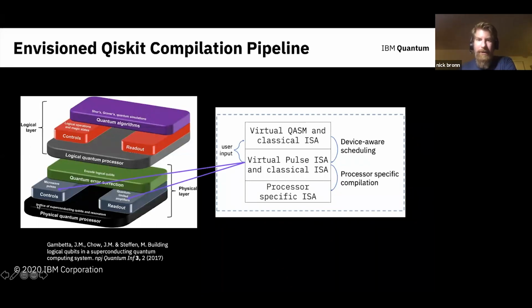In particular, the kind of instruction set architecture that we have via Pulse is just classical control of these physical layer implementations. So you can specify either a pulse level instruction or a gate level instruction, and that will get compiled down to the pulses in a device-aware way.